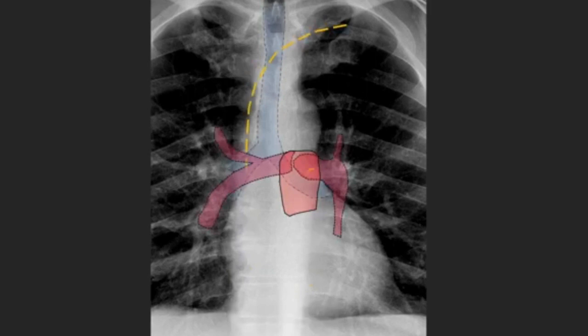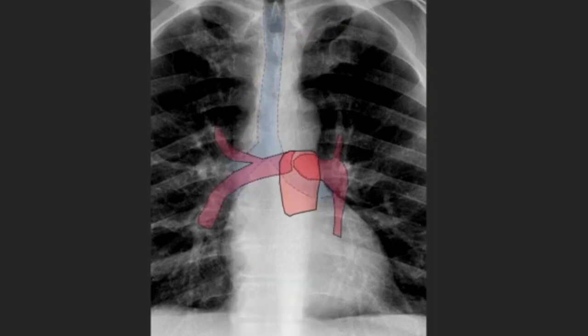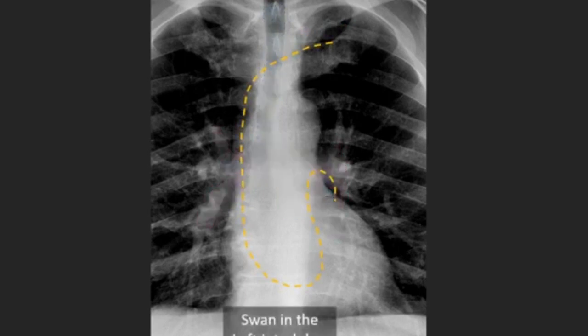Your Swan-Ganz catheter is towards the left of your pulmonary artery, going to the proximal area of your interlobar pulmonary artery. A lot of the time you could see this in the chest x-ray, bifurcating towards the left. If it's pushed further down, it's going to have an angle going down because your left interlobar pulmonary artery goes down.